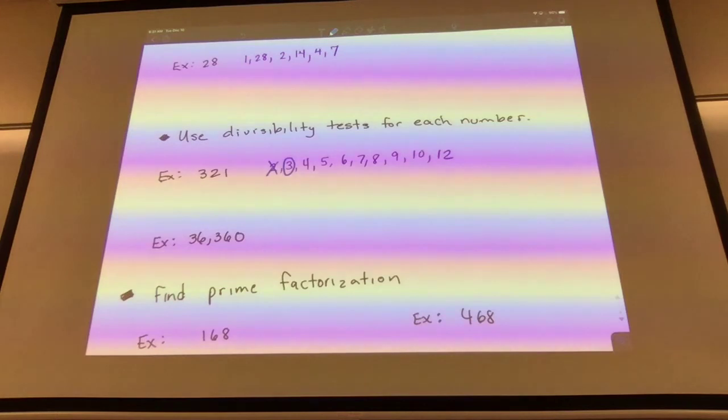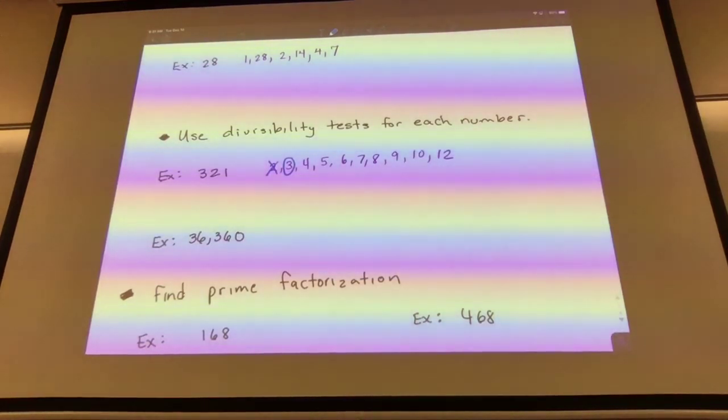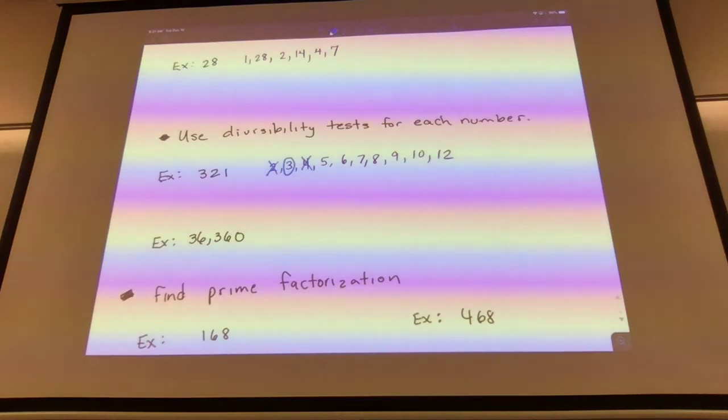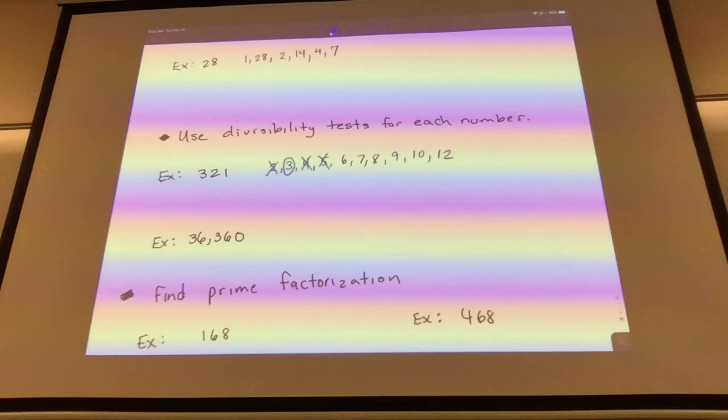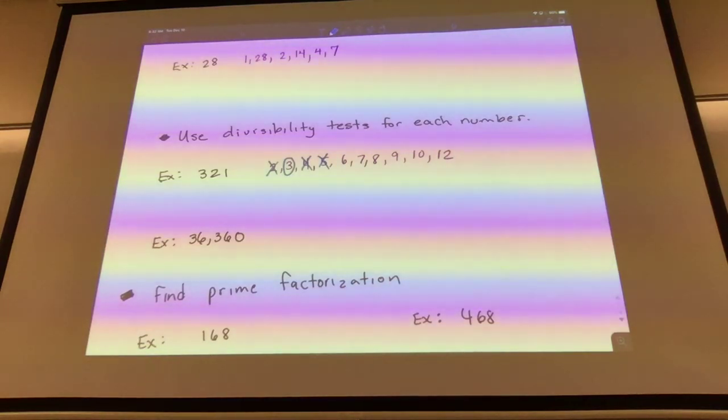Okay? 4. 4 says the last two digits are divisible. So what's 21? Is 21 divisible by 4? No, so it's not. 5, does it end in a 5 or a 0? No. To be divisible by 6, it has to be divisible by 2 and 3. So did we previously circle both 2 and 3? Nope, so the work's already done there, so not 6.